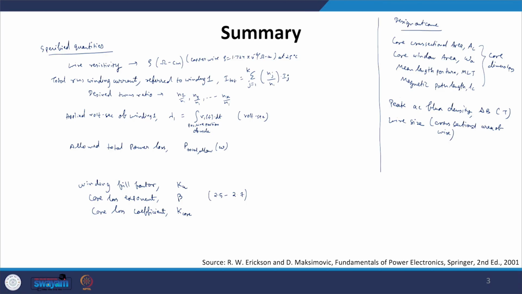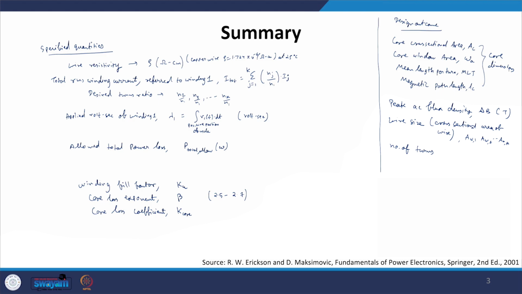That we will define to be AW1, AW2, up to AWK for K windings. Along with that you also need to know the number of turns in each winding, so that you can obtain the required transformer. So these are some of the outcomes which we have to define.